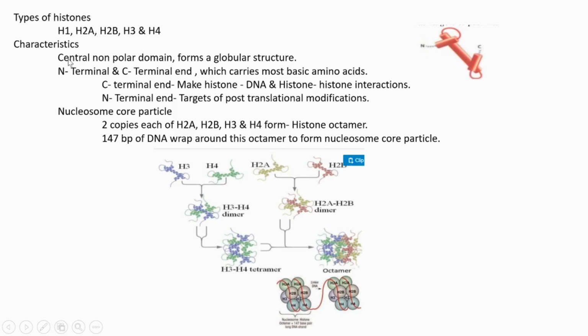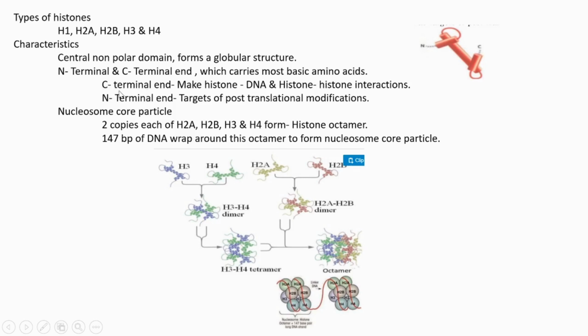And what are its characteristics? It has a central non-polar domain that forms a globular structure, and an N-terminal end and a C-terminal end. This N-terminal and C-terminal end carry most of the basic amino acids.